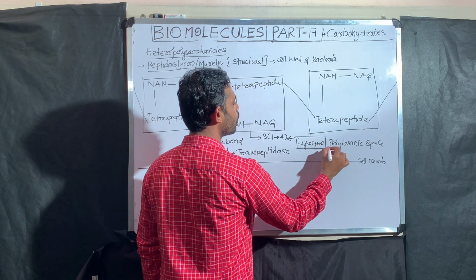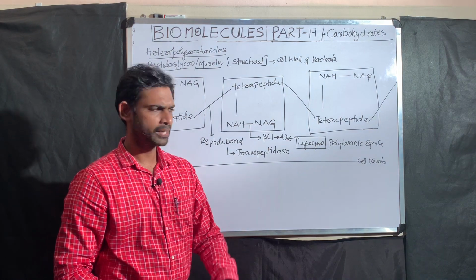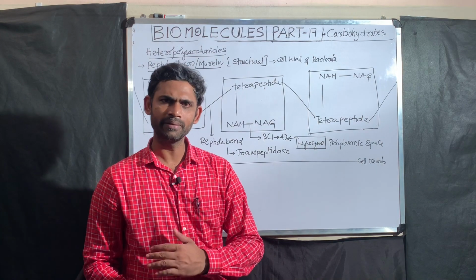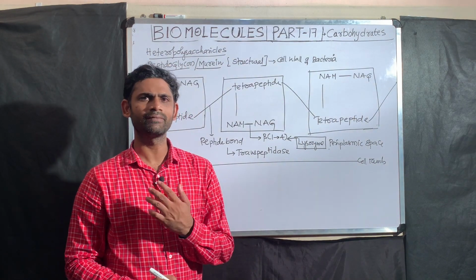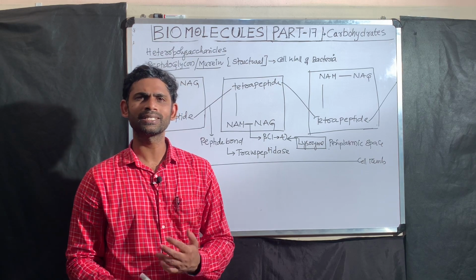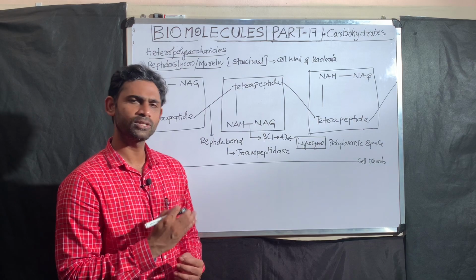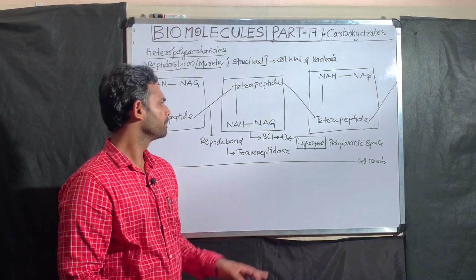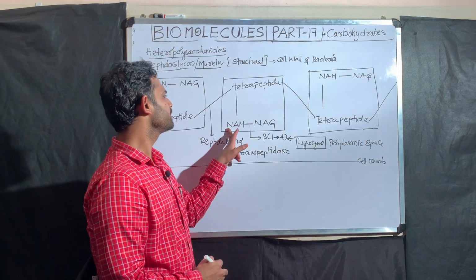Don't confuse it with lysosome; I said lysozyme. Lysozyme is an enzyme present in body fluids like saliva, tears, mucus and colostrum. Lysozyme causes the breakdown of the bacterial cell wall by breaking the beta 1,4 glycosidic bond between NAM and NAG.